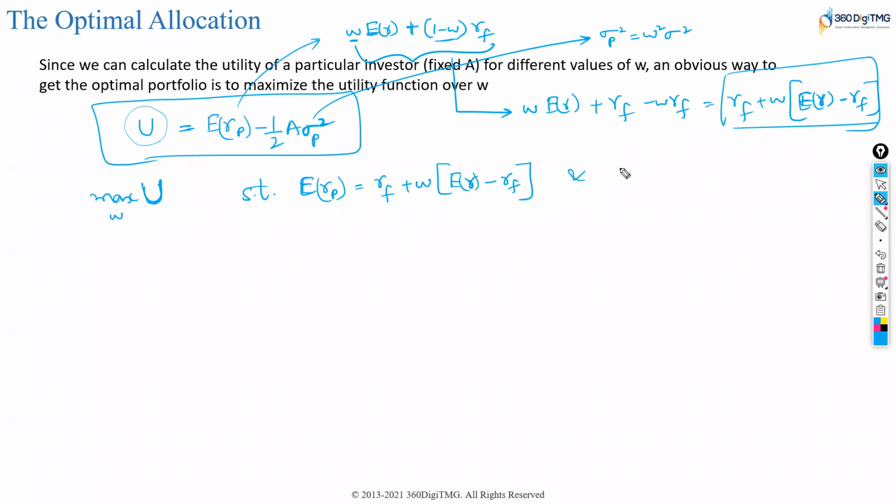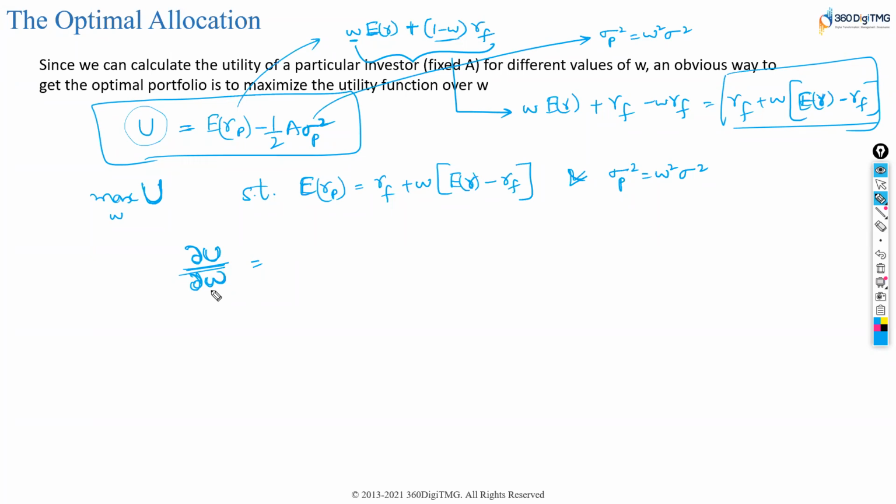Okay. And sigma p square equal to W square into sigma. So here, when you say dou u by dou W, that means if you try to differentiate this using weight, I'm going to change the weight and see how a change of weight is going to change the happiness or utility.